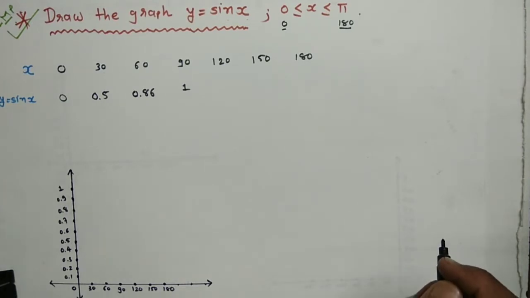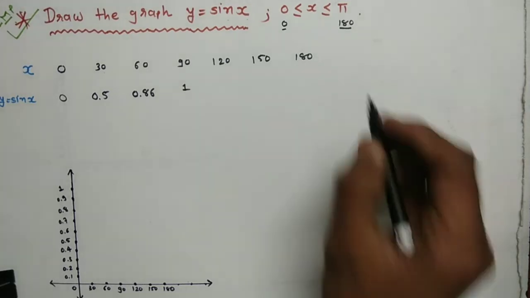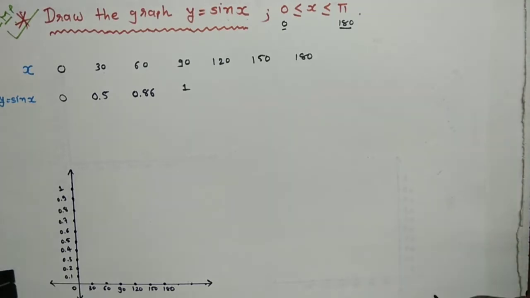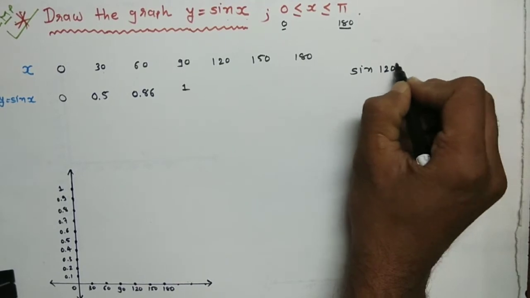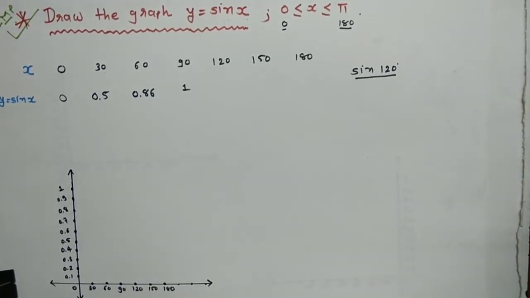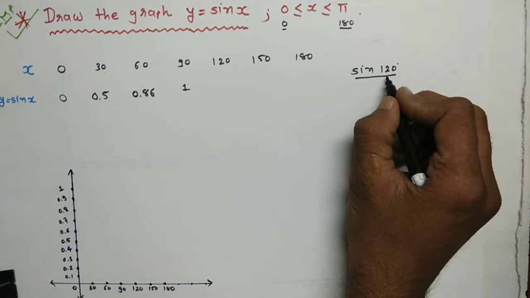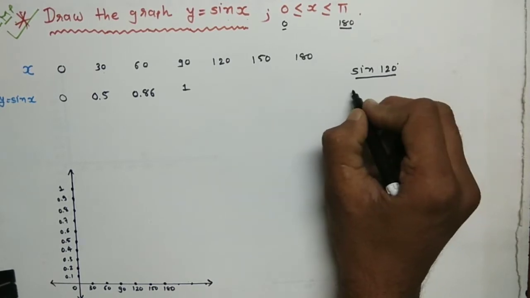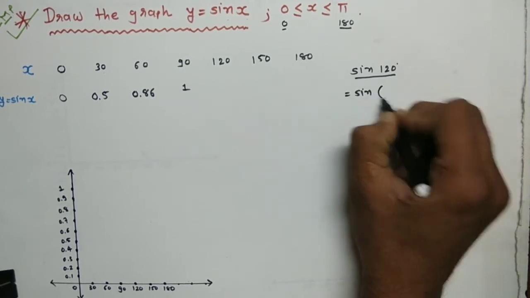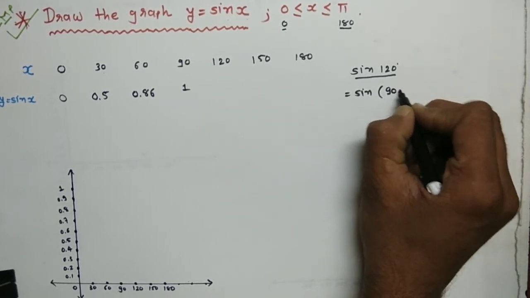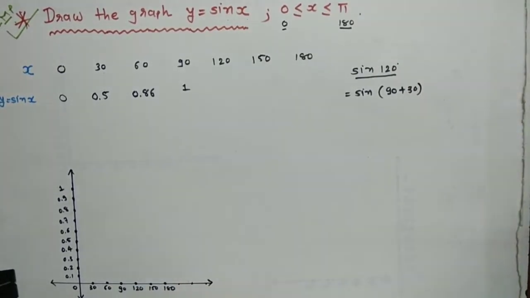It means sin 120, and we are not familiar with this sin 120 from the table which we already learned in last videos. So for that the simple method is to calculate the value of sin 120. First of all, 120 is divided in two parts. So sin 120 we can write as sin of 90 plus 30.